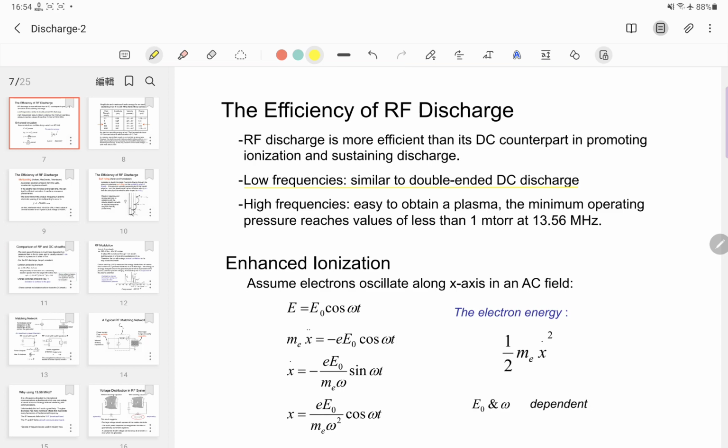The acceleration of the electron follows Newton's equation, F equals ma. F is the electrical force, m is the mass of the electron, and a is the acceleration. In this equation, x with two dots represents the acceleration.